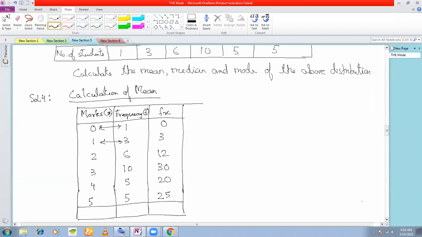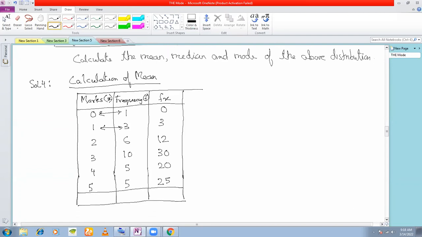Now you need to add up this column to calculate summation Fx. Summation Fx is equal to 90. And you add up the frequency column also to get summation F. This is 30.